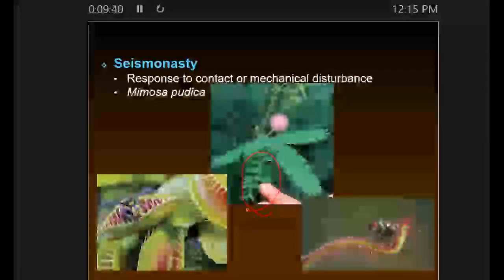And so here, the top image is Mimosa pudica, which is the scientific name for the plant that's often nicknamed the sensitive plant or the shy plant. And so when you touch its leaflets, so you see a finger, a person touching the leaflets here, you start to see the leaflets folding up to each other.